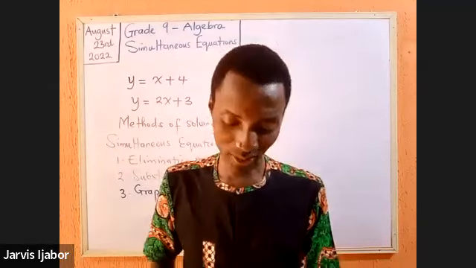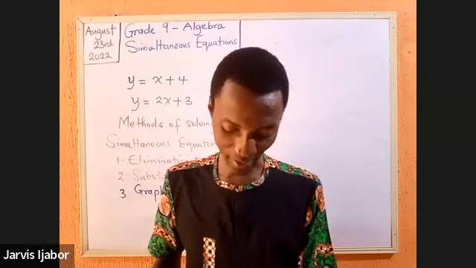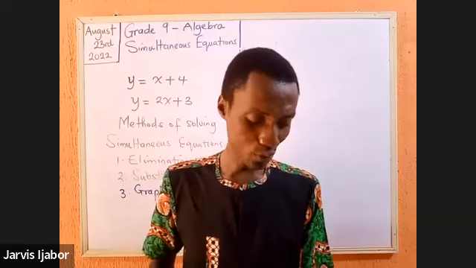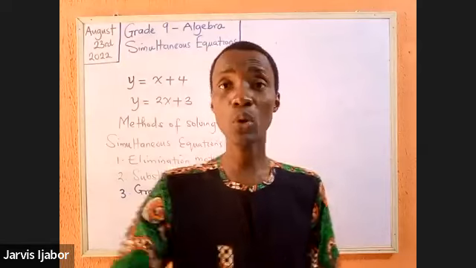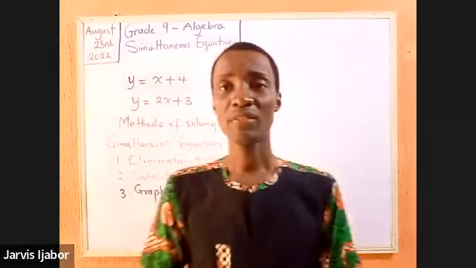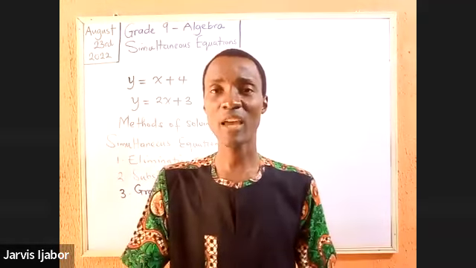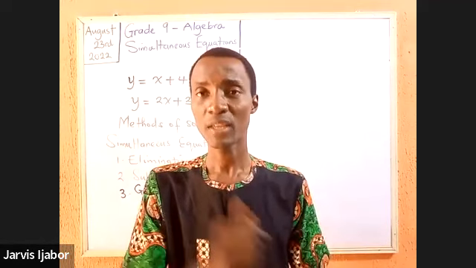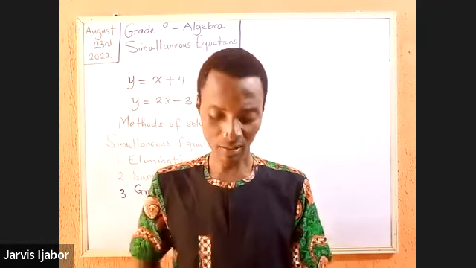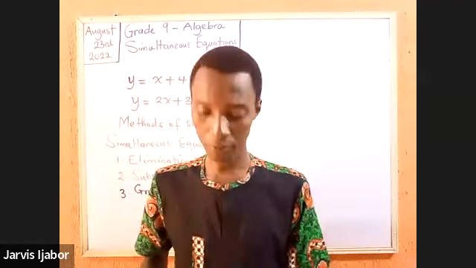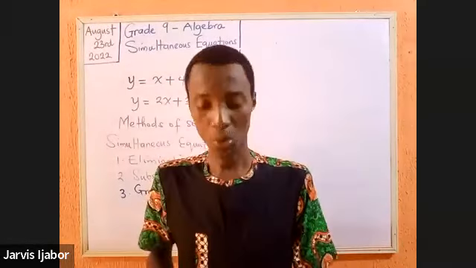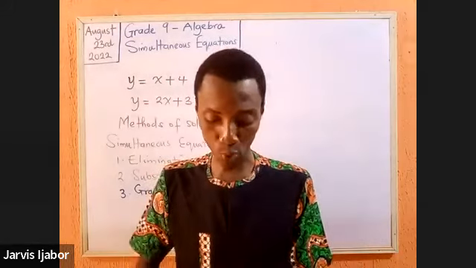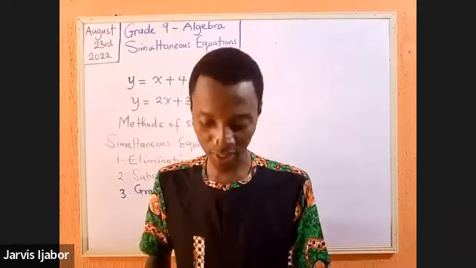I wouldn't go with the graph because the graph is a separate method of its own. And then there's also the substitution method, which has its own unique approach, but I will start off with the elimination method.